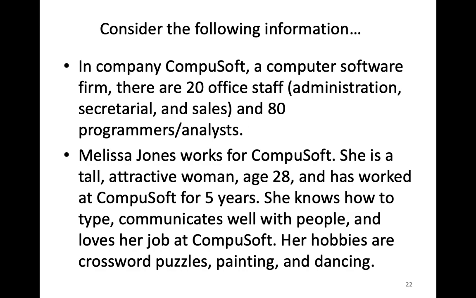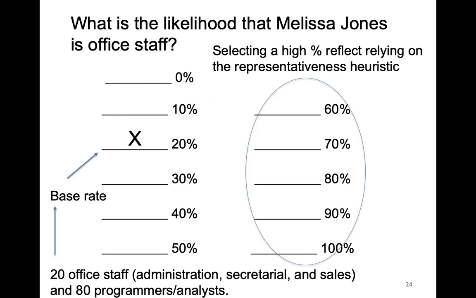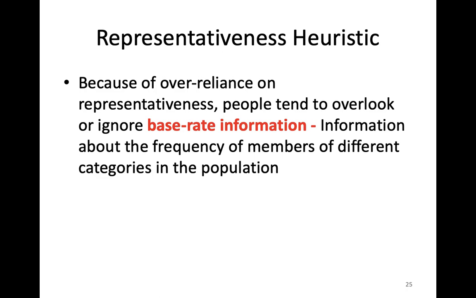But again, relying on the representativeness heuristic, there's a couple pieces of information there that really seem to push for being an office staff versus a programmer analyst. And because of that, people tend to give a higher probability that she's an office staff instead of the correct answer, which is 20%.